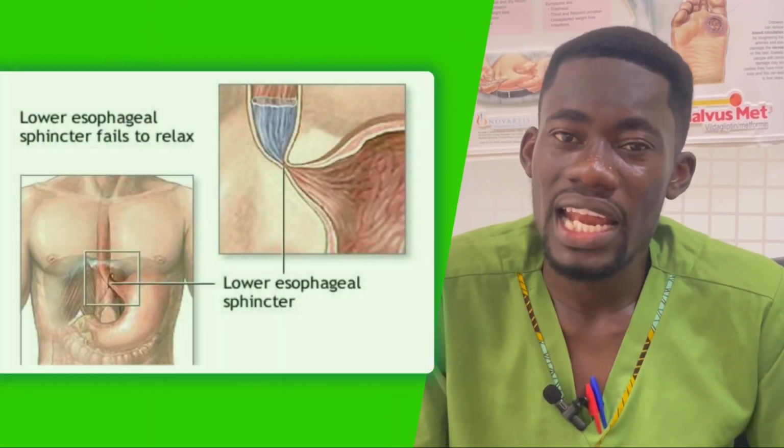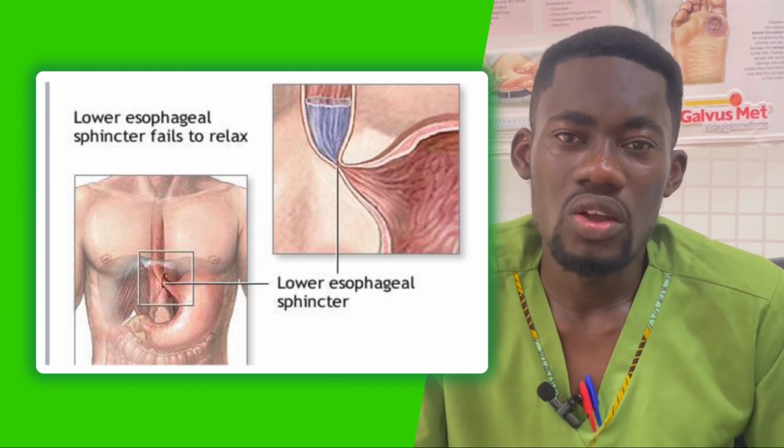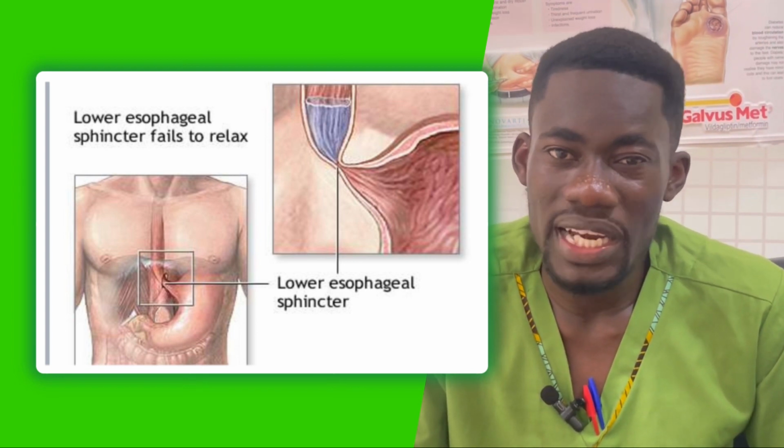There was difficulty in swallowing, which can be clinically or medically called dysphagia. There was regurgitation and there was pain in the chest. Looking at the symptoms spelled out, difficulty in swallowing is one of the classical signs of achalasia, and the pain being defined in the lower chest should tell you that that is the lower part of the esophagus, because achalasia is a condition characterized by the failure of the lower esophageal sphincter muscle to relax.